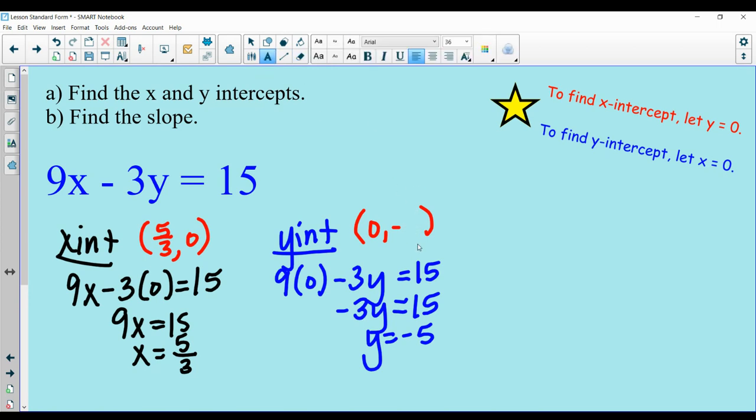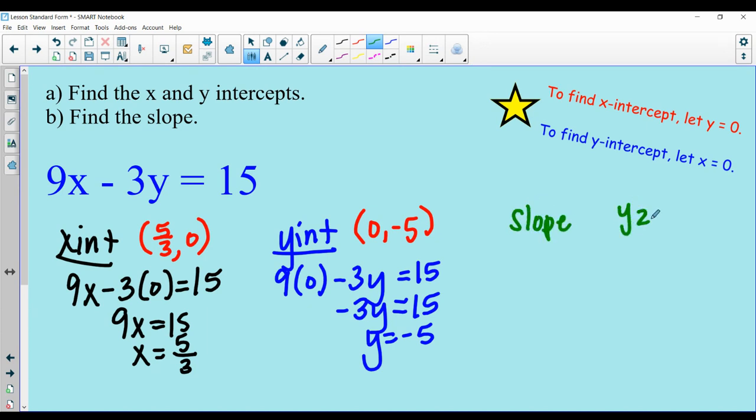Okay, now, next thing it tells us to do, it tells us to find the slope. Well, now we have 2 points, and so we can easily find our slope. So remember, slope is y2 minus y1 over x2 minus x1, and I'm just going to let this be my first point and this be my second point.